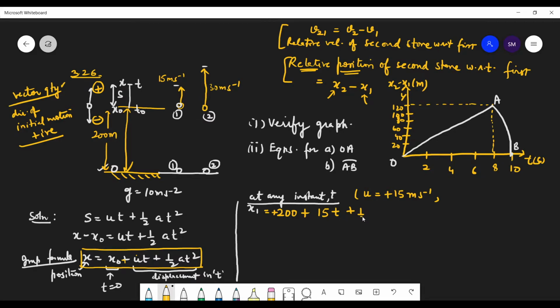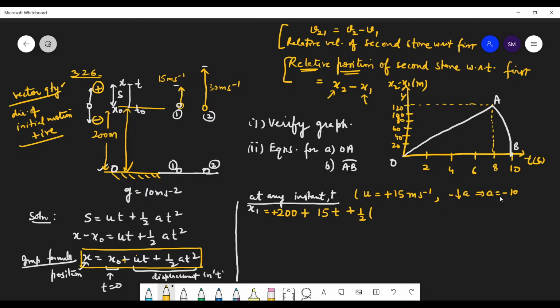Then half into a is again a vector quantity, and a, the acceleration due to gravity, is always downward, and downward direction we have taken as negative. So you can write a equals minus 10 because g is 10.